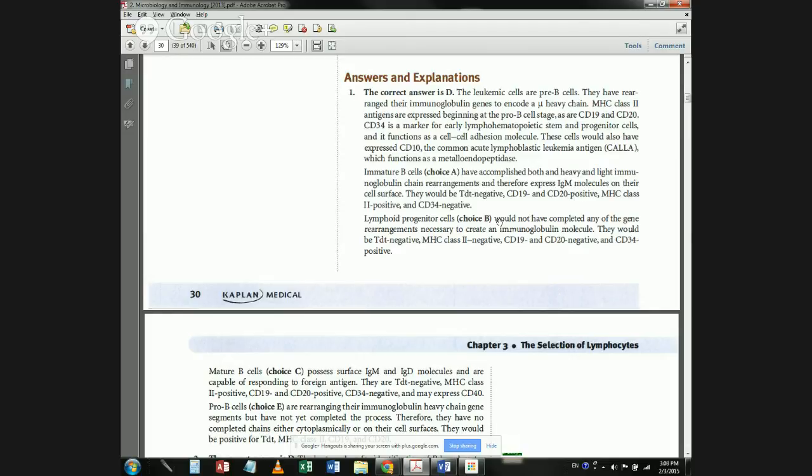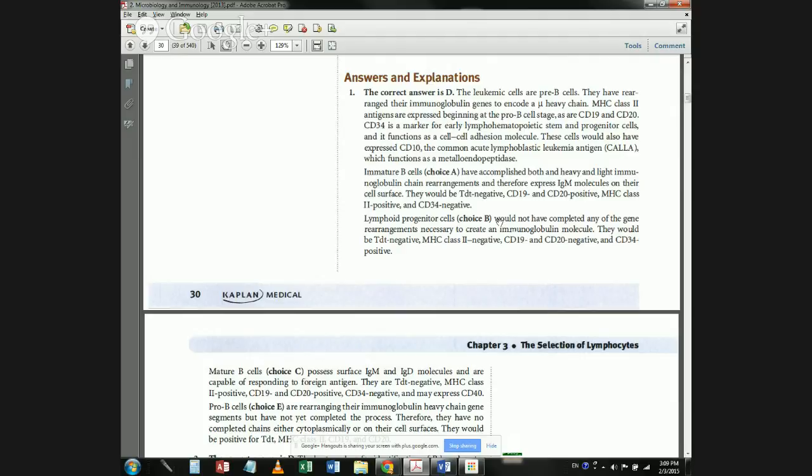That makes sense? Now we have mature B cells, which possess the surface IgM and IgD molecules and are capable of responding to foreign antigens. They are TDT negative because you don't need it past the heavy chain. MHC2 positive, CD19, 20 positive, CD34 negative.